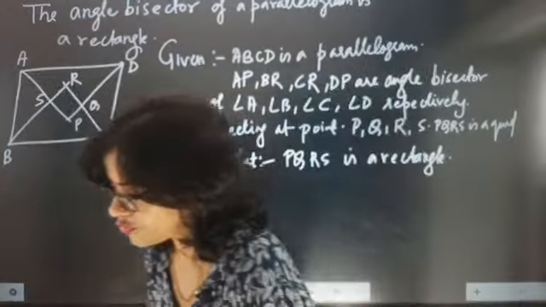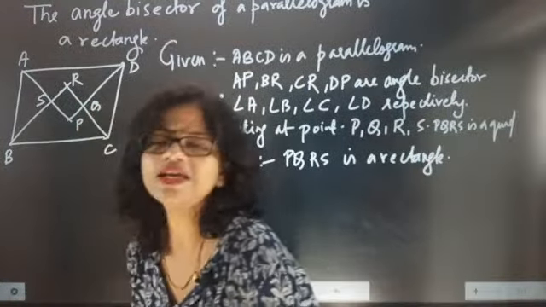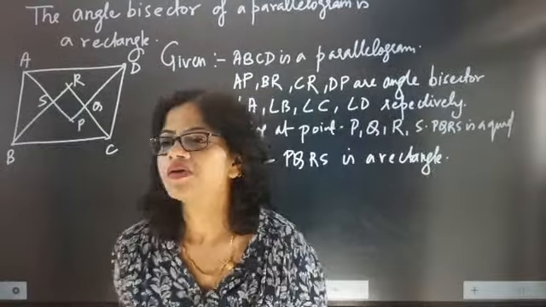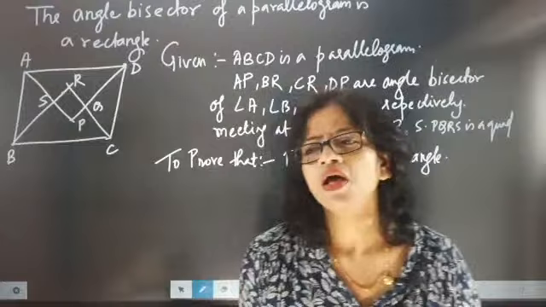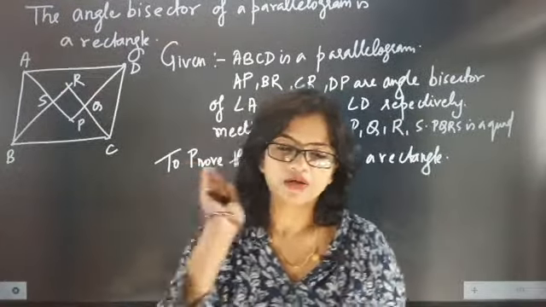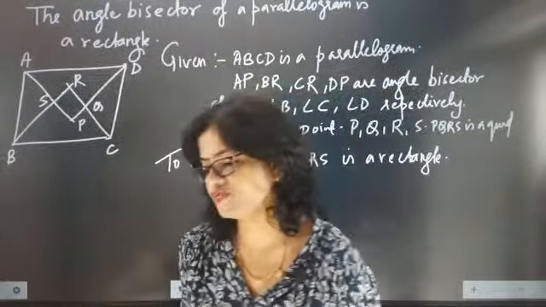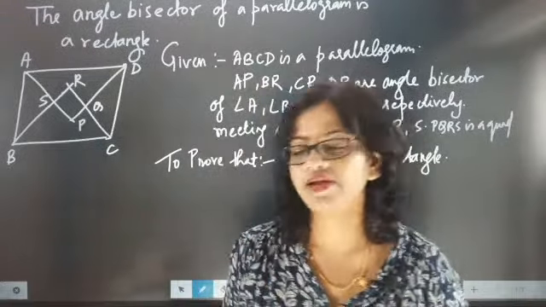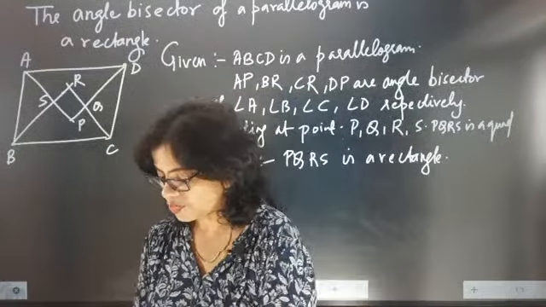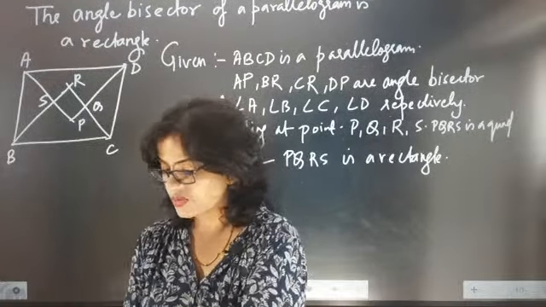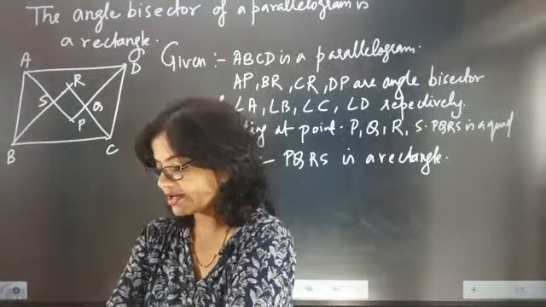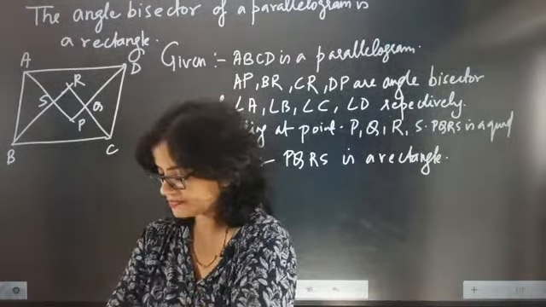Who can go for proving with the most shortcut method? See here, only one thing is there: when somebody tells you it is a quadrilateral and we have to prove that it is a rectangle, the shortcut method is just to prove that adjacent angles are 90 degrees. Just go for it. You will be proving your point.